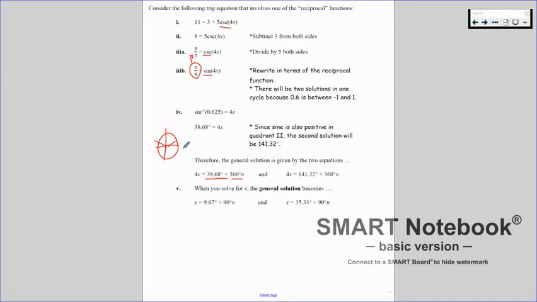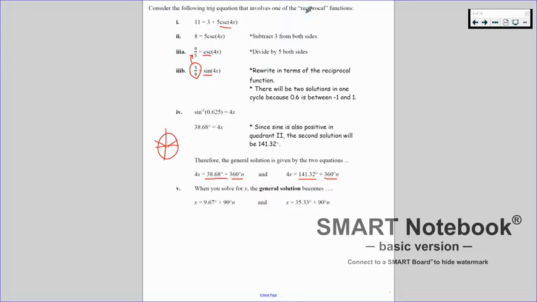So to find that angle, I'm going to do 180 minus the 38.68. So for inverse sine, we do 180 minus the answer that our calculator gave us. And then we divide everything by 4, and we get our two equations that generate all of the answers, and that's our general solution for that.